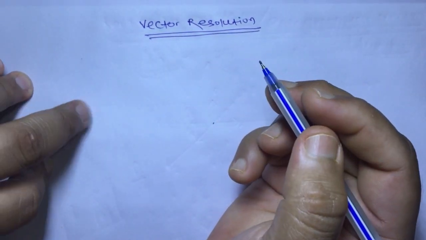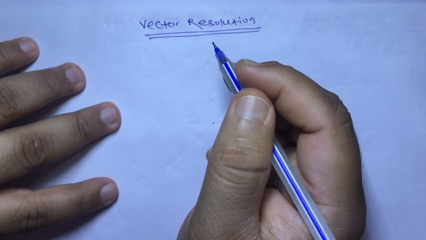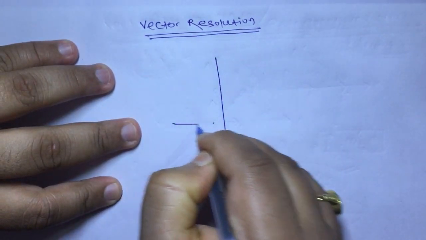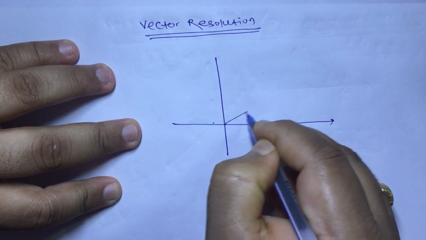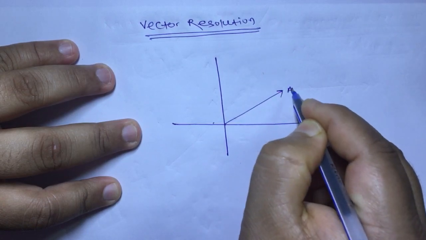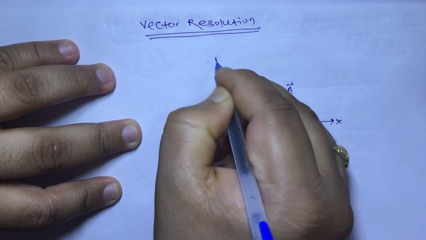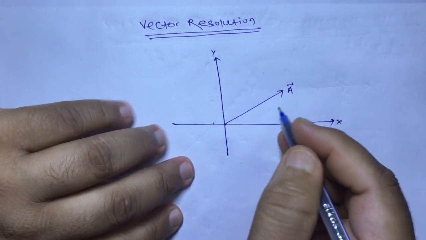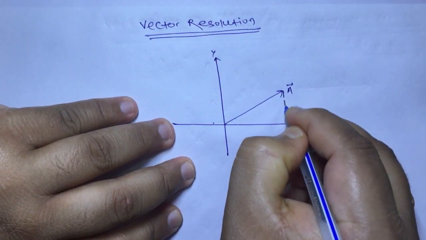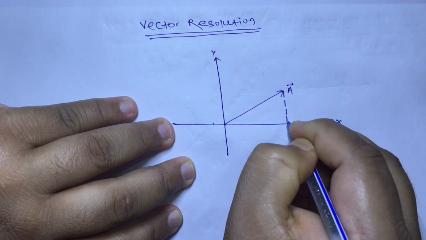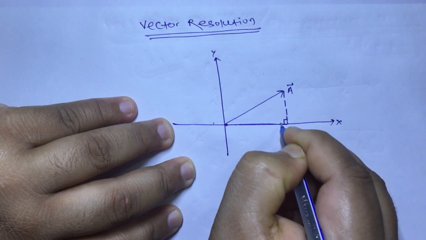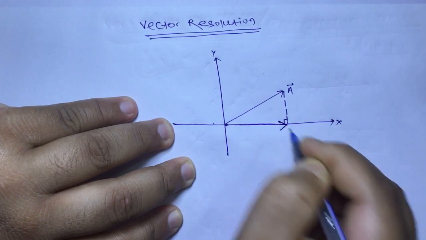Now what do we mean by resolution of a vector? If there is a vector given like this, this is the x axis and this is the y axis. Now I will draw two more vectors. Draw a perpendicular from this point on the x axis and draw a vector from here to here like this.